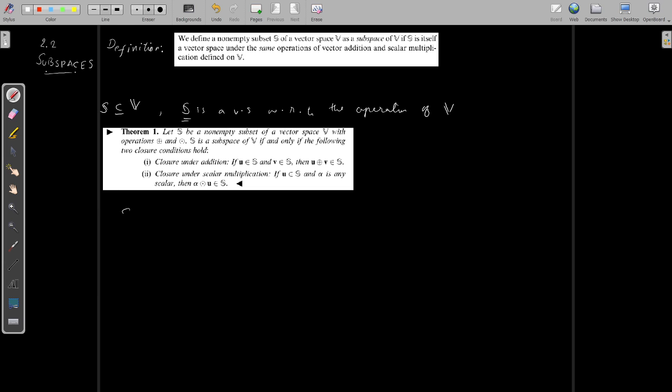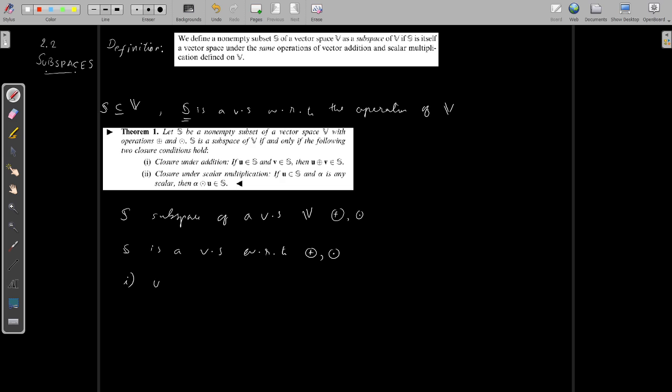When you assume S is a subspace of a vector space V with operations plus and dot, we can say that S itself is a vector space with respect to the same operations plus and dot. Then the two closure properties hold because S satisfies the 10 axioms.